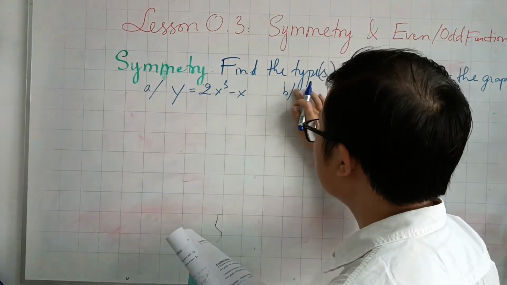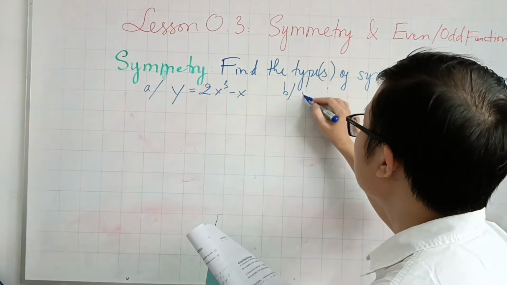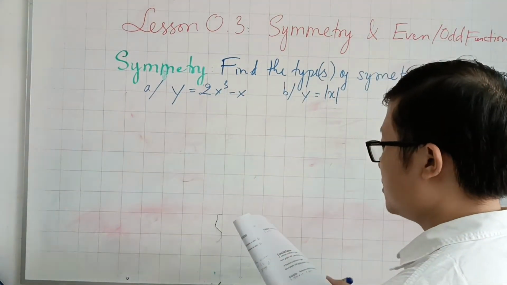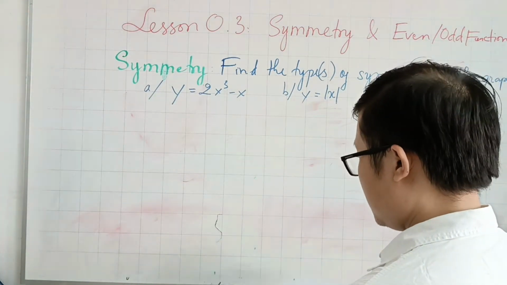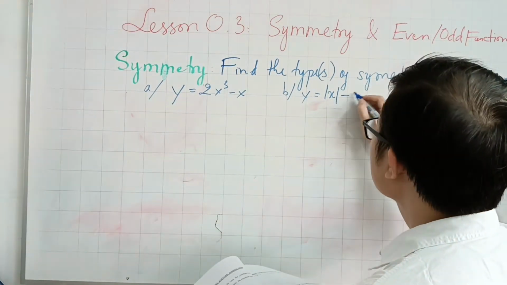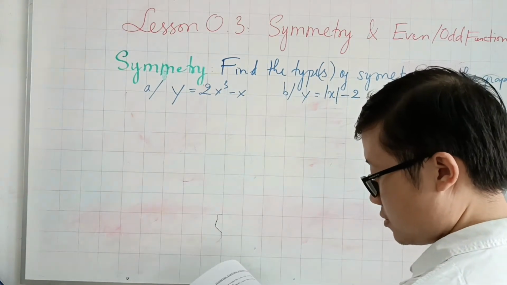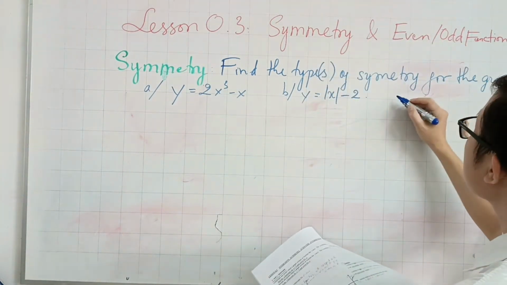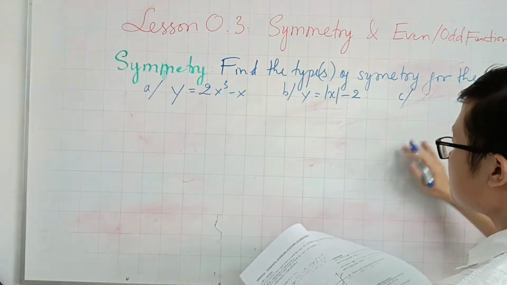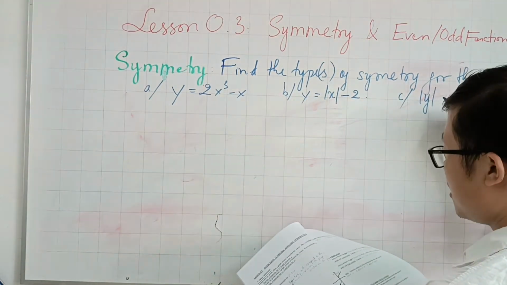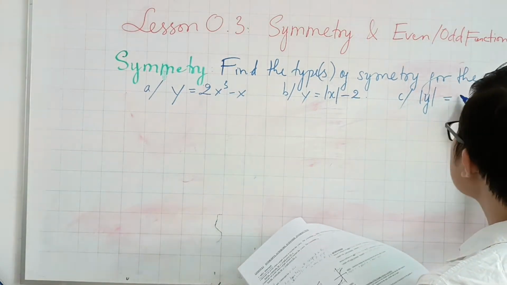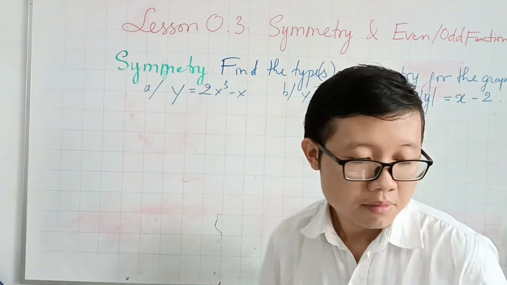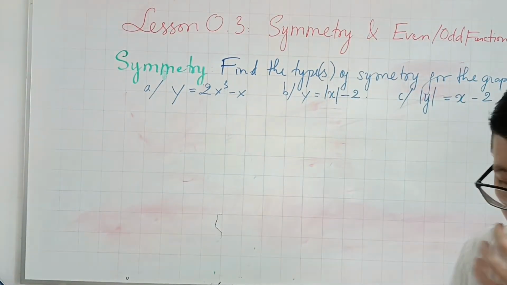B, and C, absolute value of y equals x negative. Maybe our graph is not symmetric.